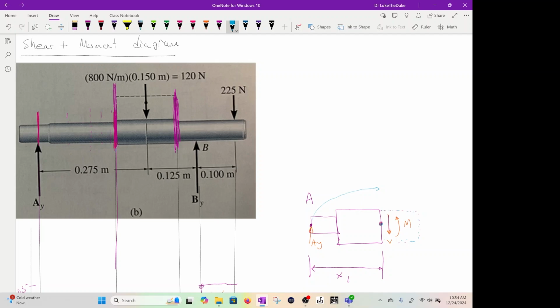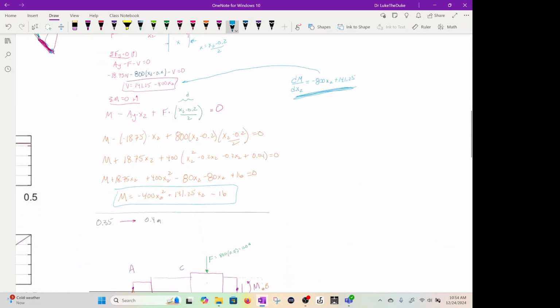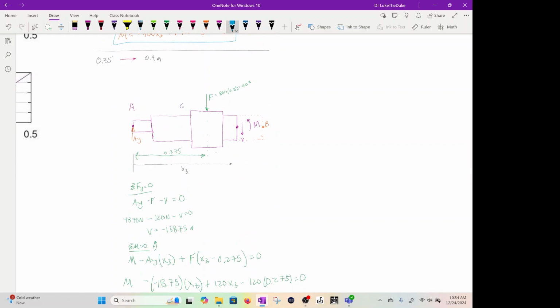So we need to have something now between these two sections. So 0.35 to 0.4, which would eventually be to B, okay?